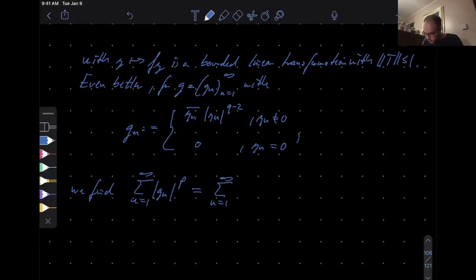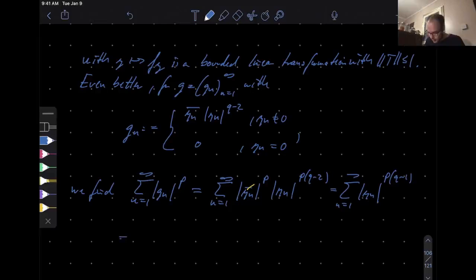And then what you will have here is |y_n bar| to the power p in complex modulus, and then |y_n| to the power p(q-2) in complex modulus. Then, the complex modulus of a complex number or its complex conjugate is the same, so you can erase that thing there. And what you have is |y_n| to the power p(q-1).